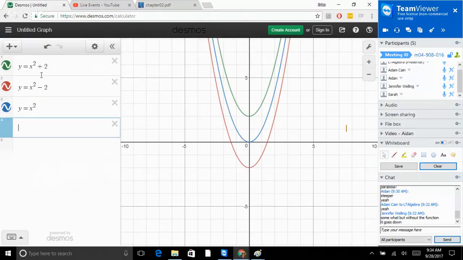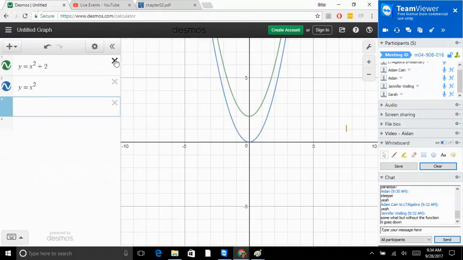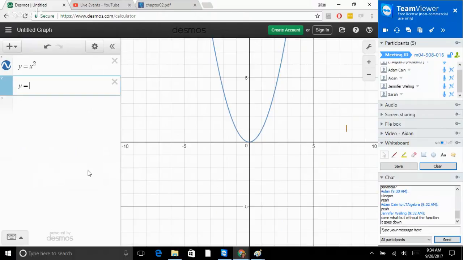So if we add or subtract outside, we're shifting up and down. What would you expect if we add or subtract inside the function? What would you expect to happen? Yes, absolutely. Nope, that's not correct how I wrote that.